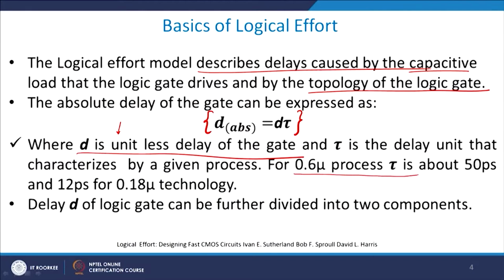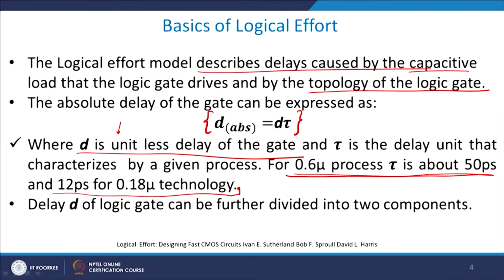Typically for 0.6 micron technology, tau is approximately 50 picoseconds, and it is 12 picoseconds for 0.18 micron technology. And that is quite interesting, which means that as you go lower in the technology node, your intrinsic delay starts to lower down. So, you see a lowering of intrinsic delay from 50 picoseconds to 12 picoseconds, right.